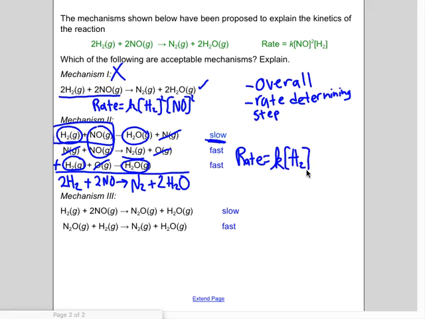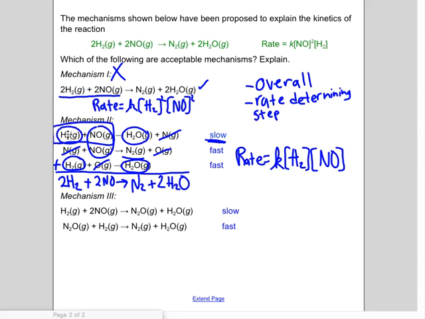We don't have to write a little 1 up there. We don't write that, but that's, you know, thinking about it there, times NO. And that would also be raised to the first power, because those are the reactants of our rate determining step, and they don't have coefficients.